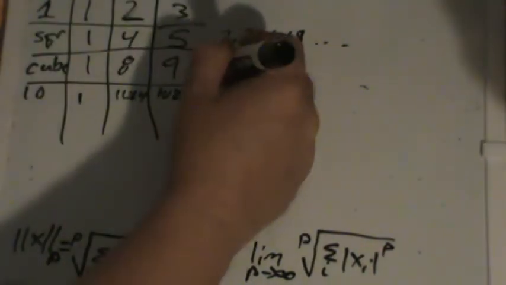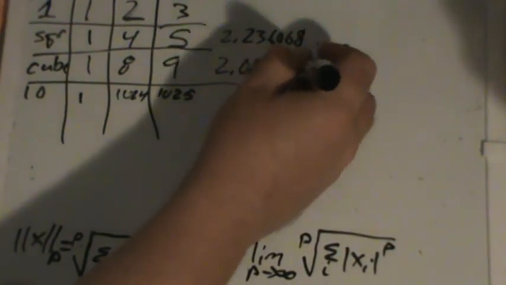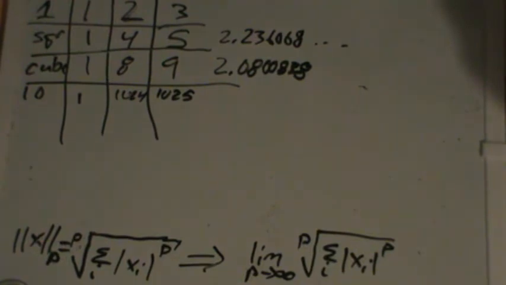We want the cube root of 9, so I want 9 raised to the 1/3 power, and I get 2.0800838. So if you notice, I'm getting closer and closer towards 2.